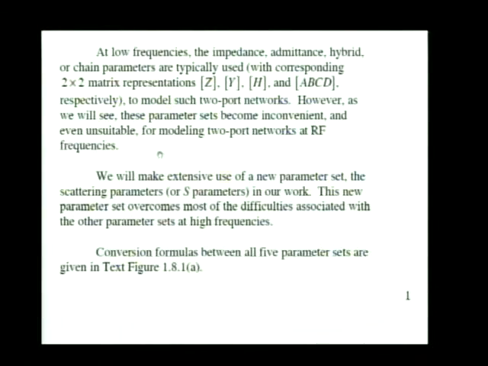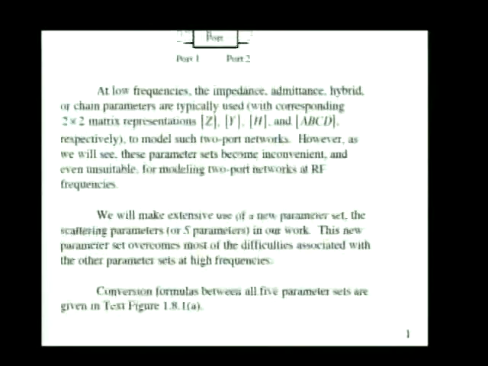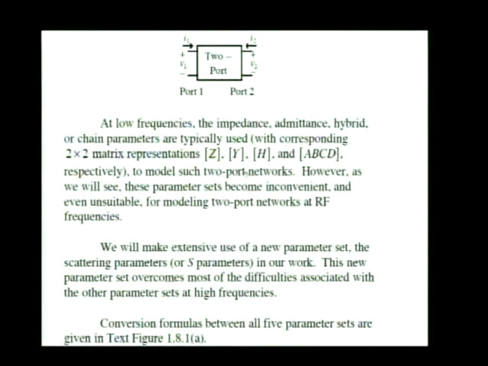Okay, if you want to see conversion formulas between the Z parameters, the Y parameters, the H parameters, the ABCD parameters, and the scattering parameters, all 5 parameter sets, you can find them in the book. They have one table here, a pretty nasty looking little table, that tells you how to convert from one parameter set to the other.